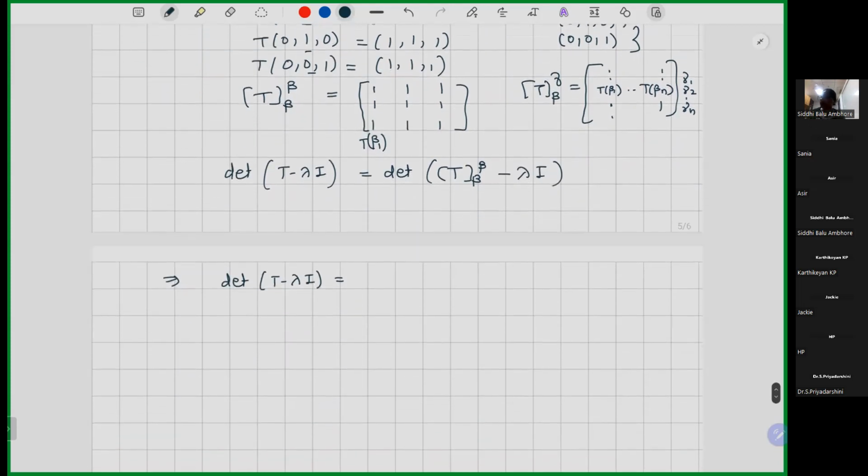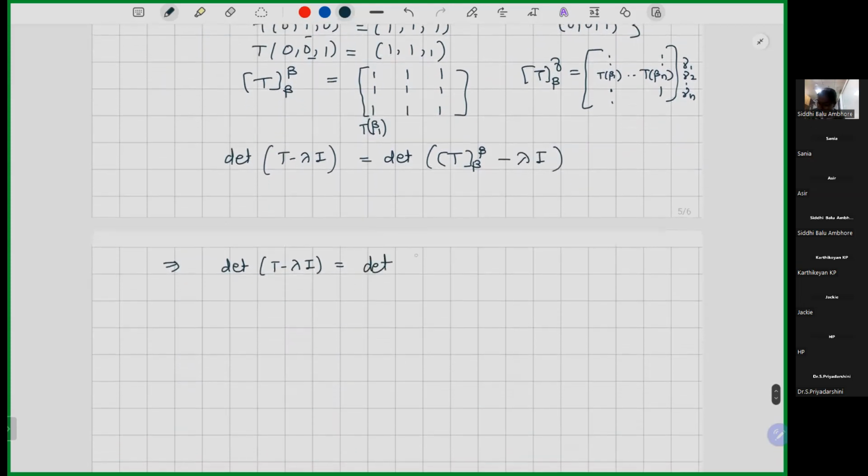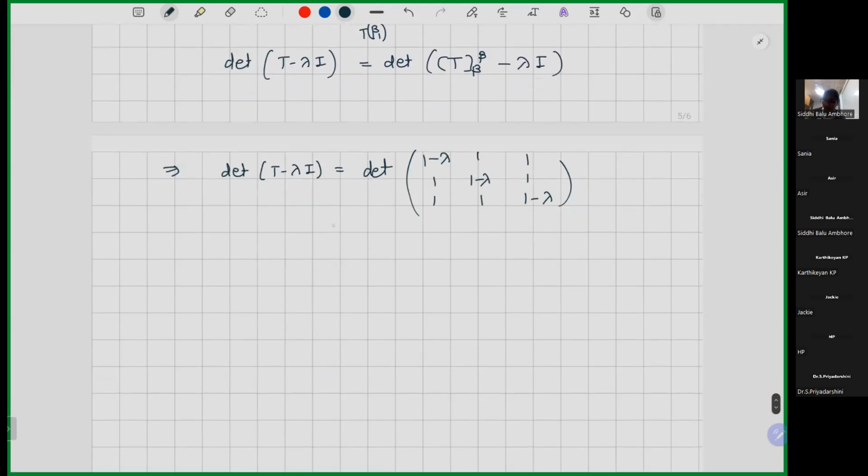So now let us calculate this determinant of 1 minus lambda, 1, 1, 1, 1 minus lambda, 1, 1, 1, 1 minus lambda. I will add all three of the columns, making the first column 3 minus lambda, 3 minus lambda, 3 minus lambda, with 1, 1 minus lambda, 1 and 1, 1, 1 minus lambda.